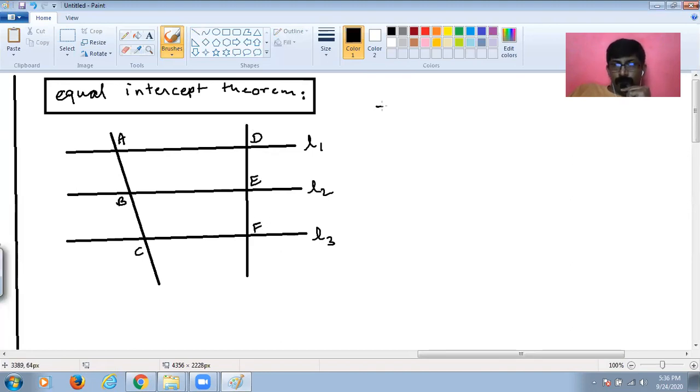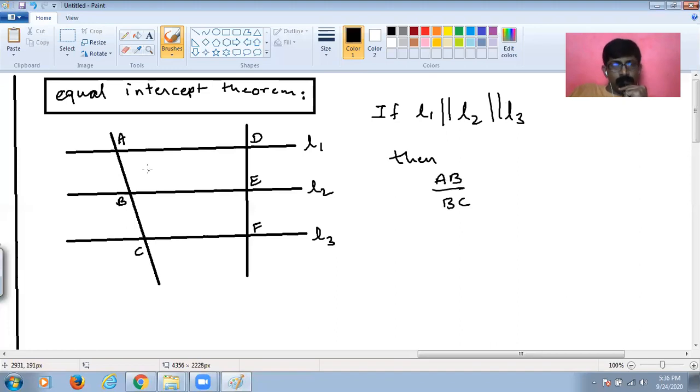Then, if L1 is parallel to L2 is parallel to L3, what can we say? AB upon BC is equal to DE upon EF.